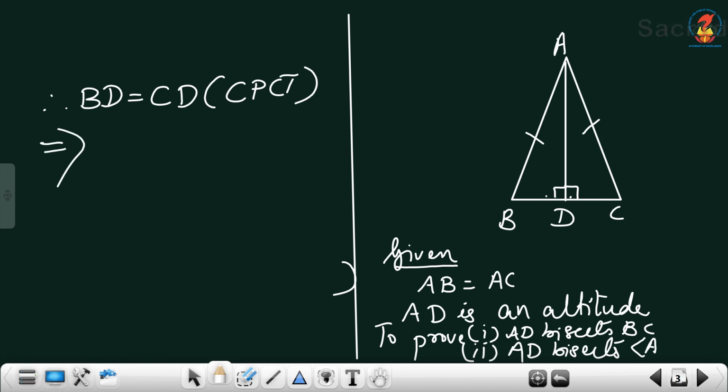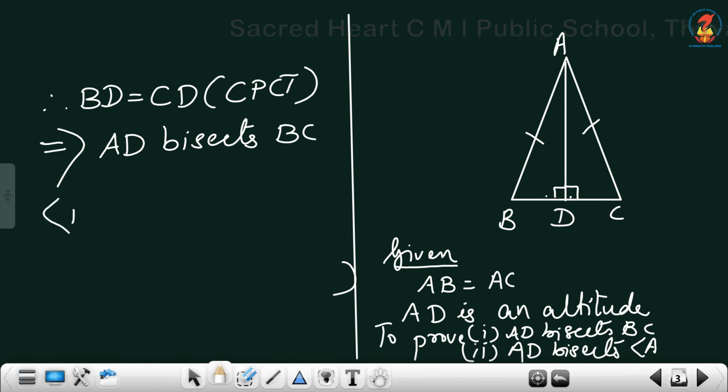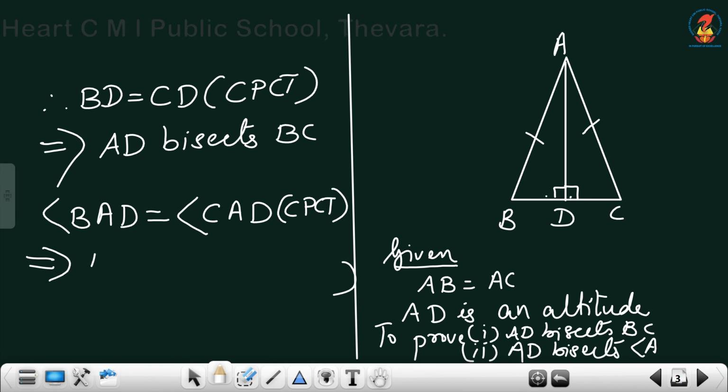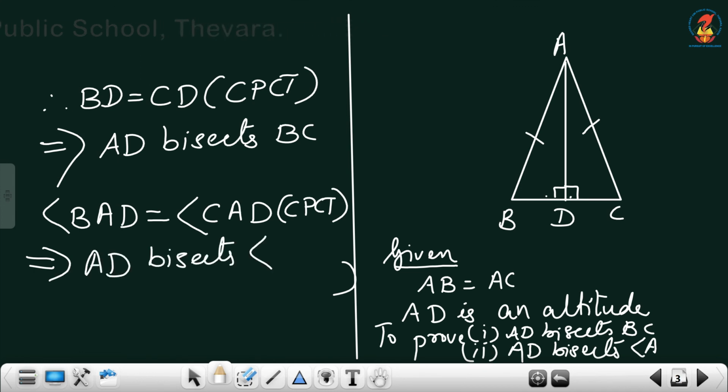This means that AD bisects BC. Second one, angle BAD is equal to angle CAD using CPCT. This means that AD bisects angle A also.